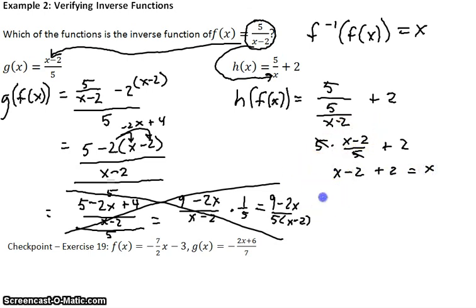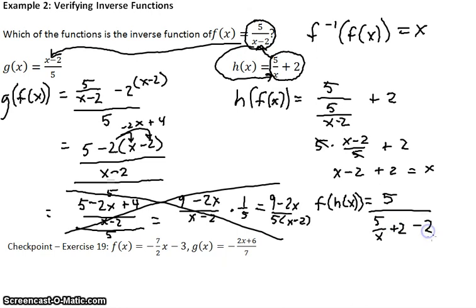Now I have to check the other way. I have to check and go the exact opposite and see what happens when I plug this one here into that x. So I have 5 over x plus 2 minus 2. Well, these 2's cancel out right away.